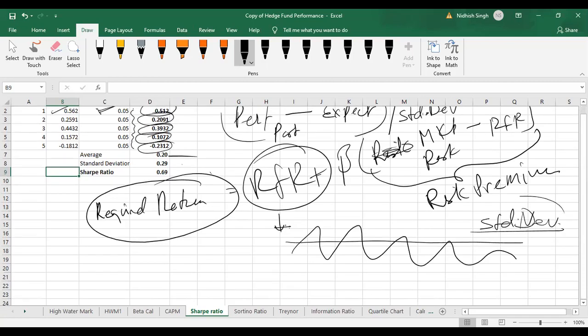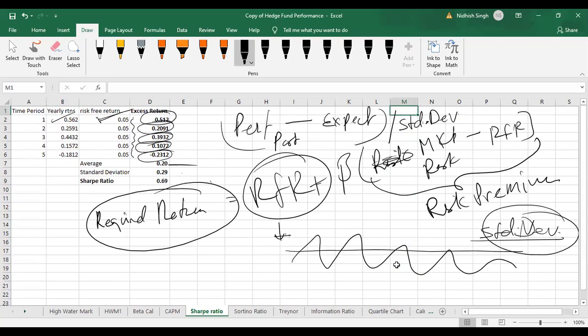So that is loosely speaking standard deviation. Now, standard deviation will divide my excess return, because I want to understand that for 1 unit of standard deviation, how much excess return I get.